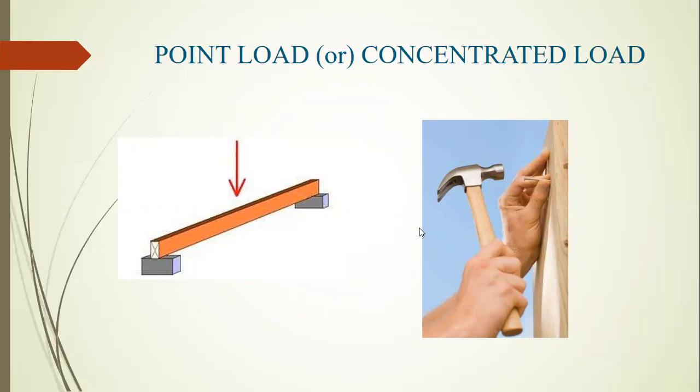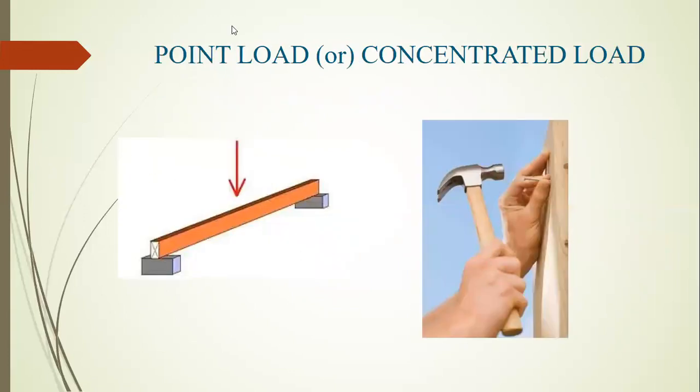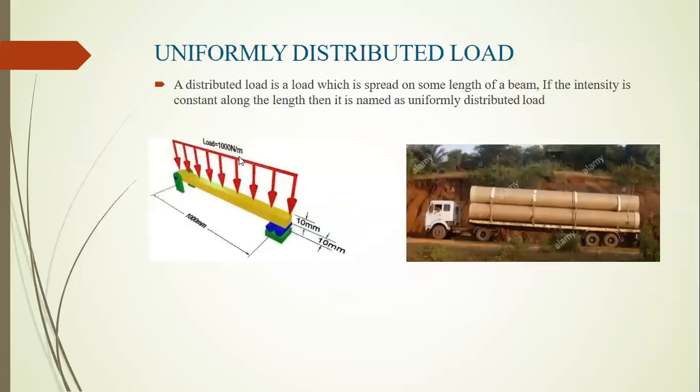So that type of load can be considered as a point load. Or you can consider the weight of a man standing on a slab on a floor as a point load on the slab. So that is called point load or concentrated load.